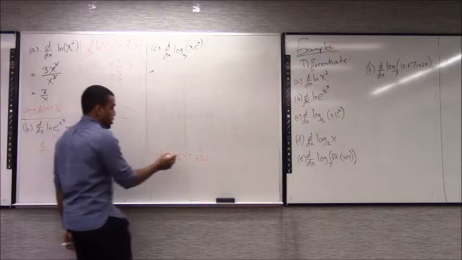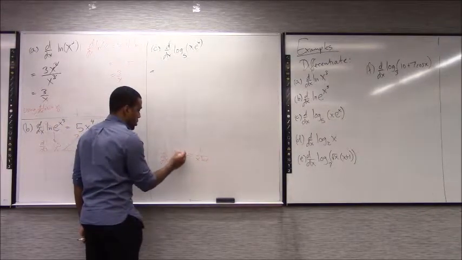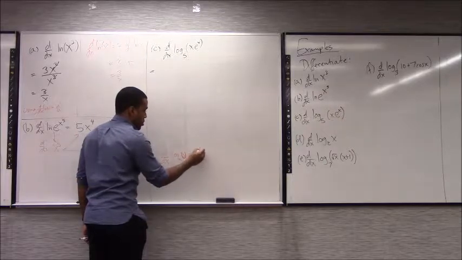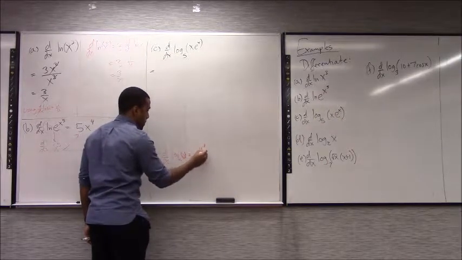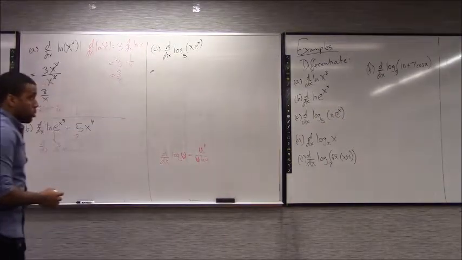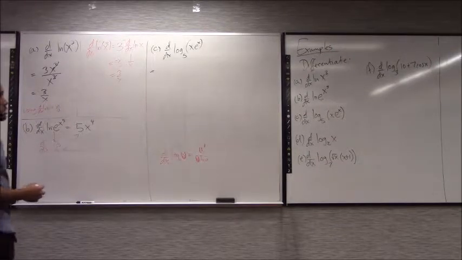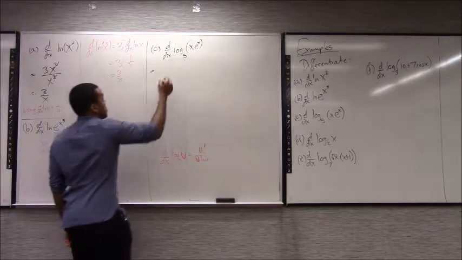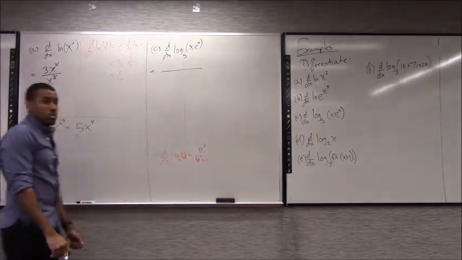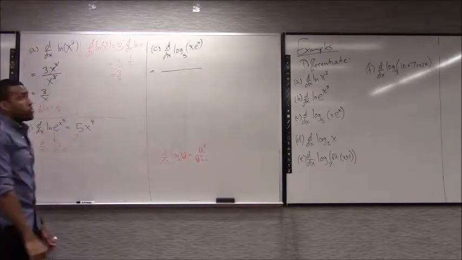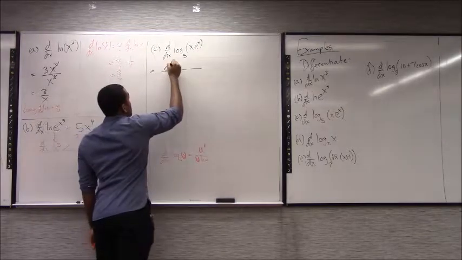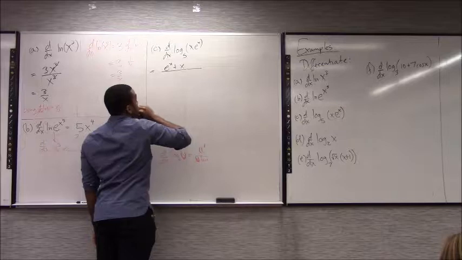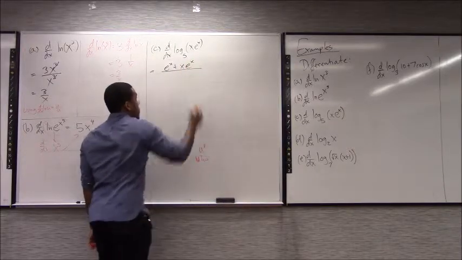Okay, so it's probably better that you use the chain rule version. Think of this as a u, and then on the top you put u prime. So what was u prime in this case? e to the x plus x e to the x, do the product rule.